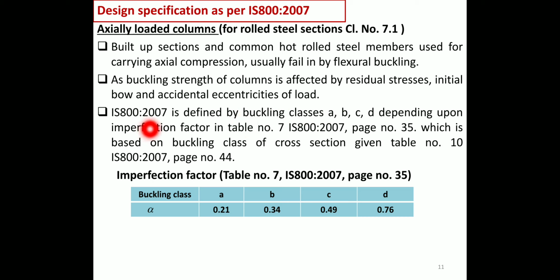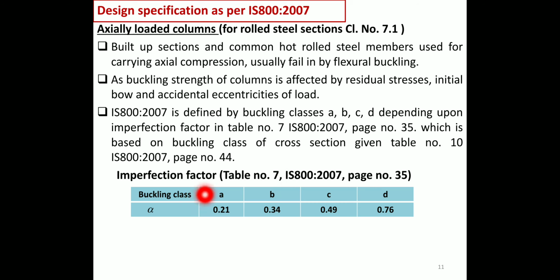IS 800-2007 defines buckling classes A, B, C and D depending upon the imperfection factor alpha in table number 7 on page number 35, which is based on the buckling class of the cross section given in table number 10 on page number 44 of IS 800-2007. So the imperfection factor alpha is given in table number 7 on page number 35.